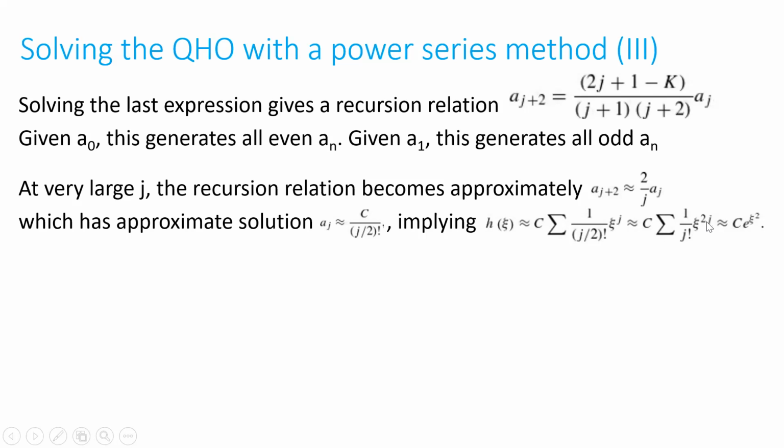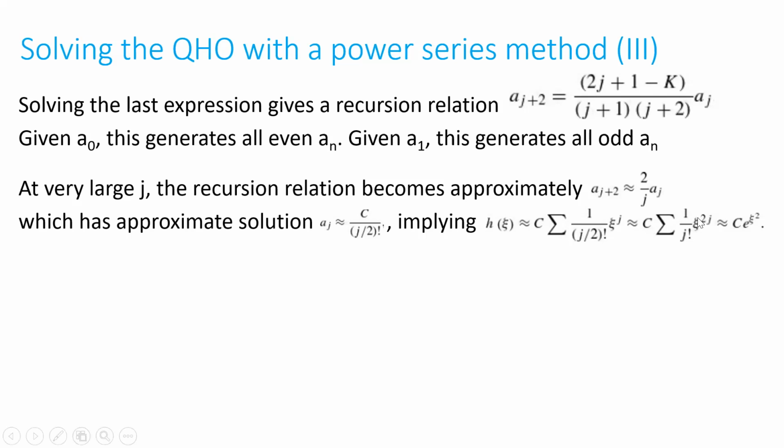And this is actually an expression for a Taylor series with the c out in front. The Taylor series for e to the x is the sum of 1 over j factorial x to the j.